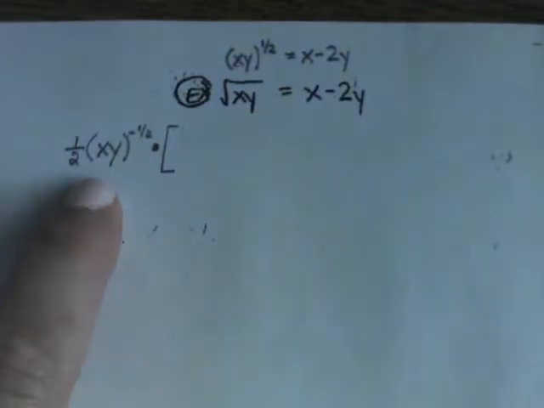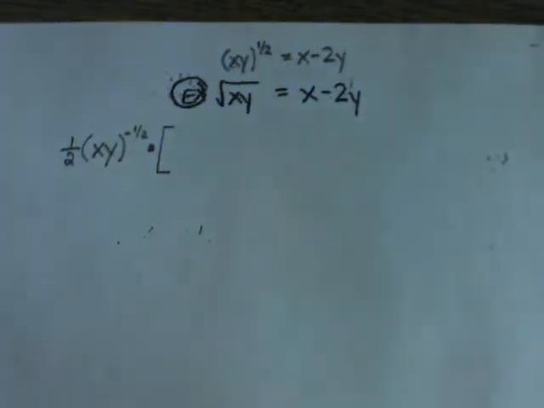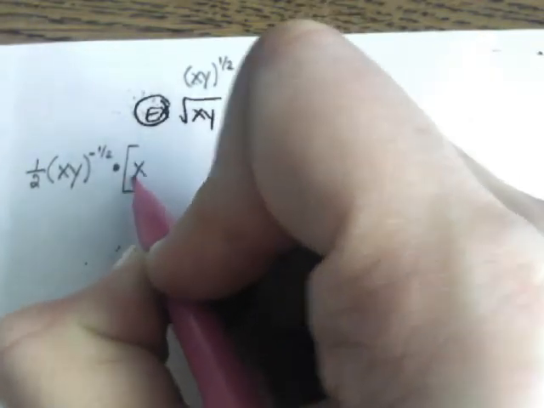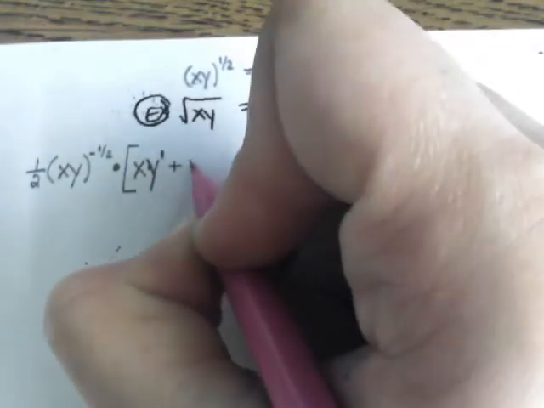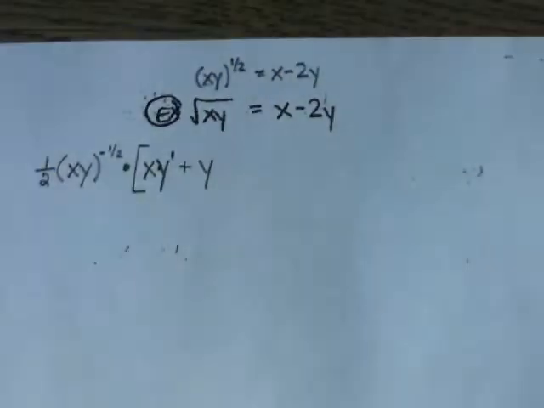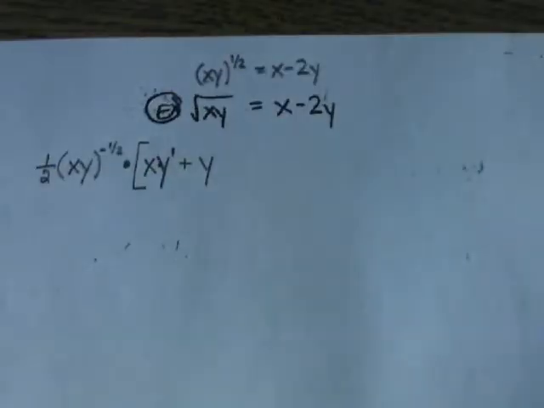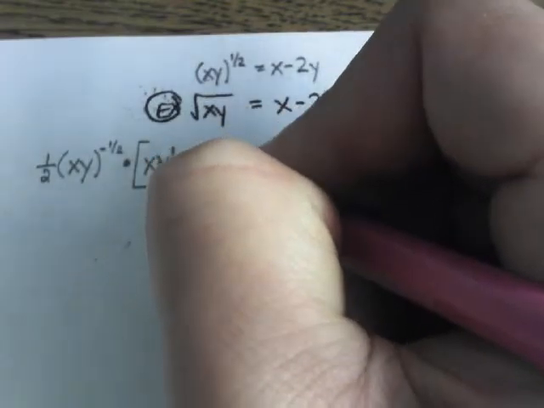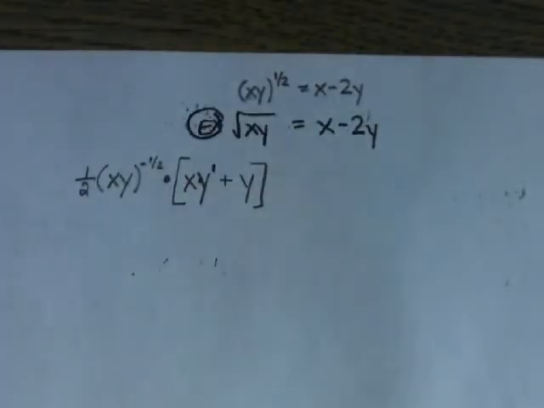So that didn't end up being so bad. That's the left-hand side. Equals. What's the derivative of x? What's the derivative of negative 2y? Very good. Negative 2 times y prime. So I do have y prime in a couple places here.